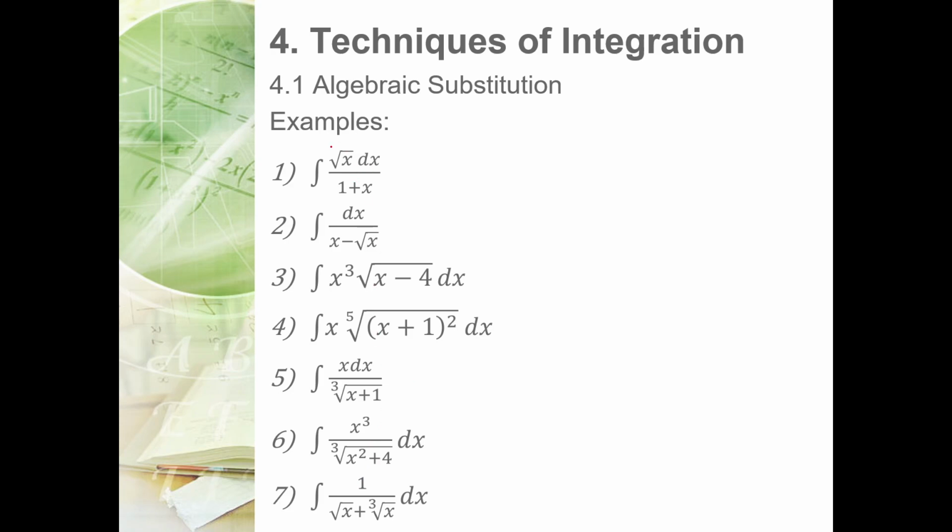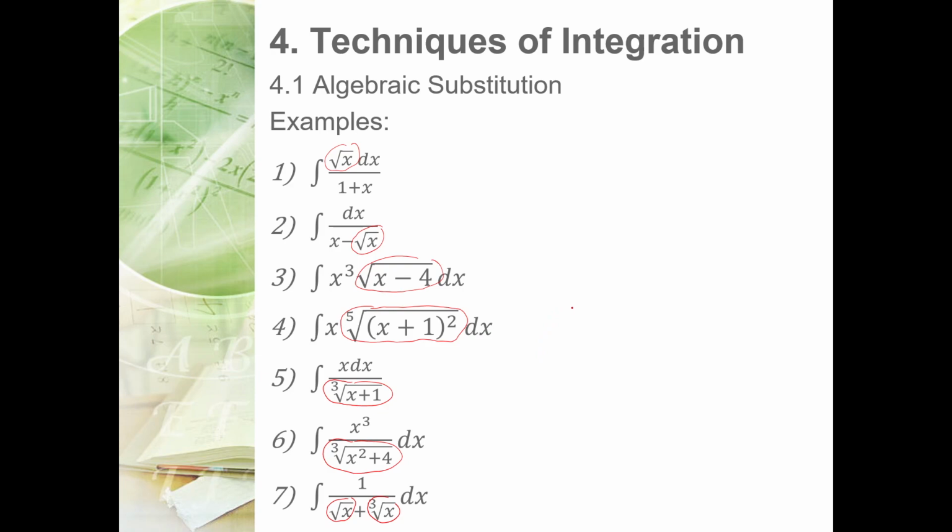For example, in number 1, we have square root of x, number 2, square root of x, number 3, square root of x minus 4, number 4, fifth root of x plus 1 squared, and then we have cube root of x plus 1, cube root of x squared plus 4, square root of x, cube root of x. So notice each example has radical expressions.